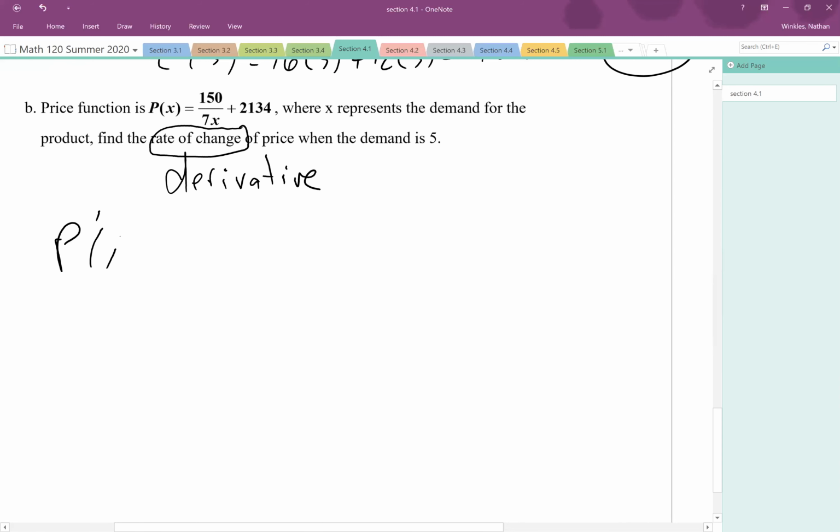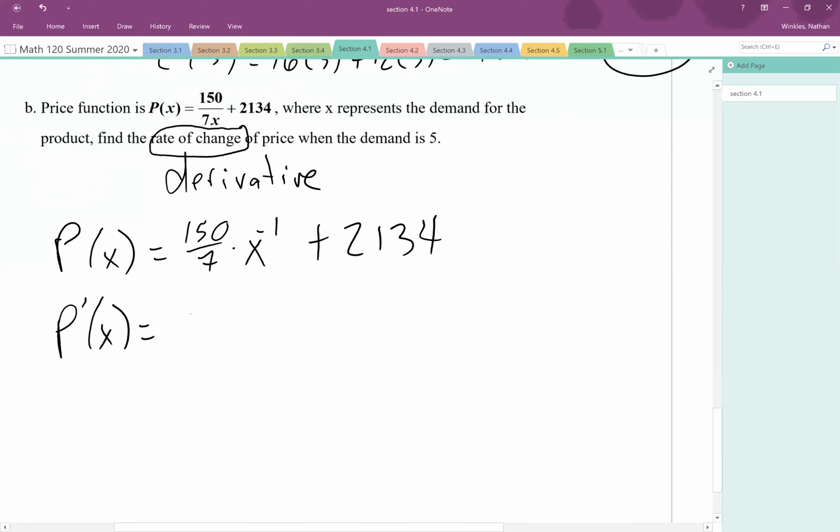So P prime of x is equal to, easiest way to write this, let me take off this prime real quick. P of x would be equal to 150 over 7 times x to the negative 1 plus 2134. So therefore, P prime of x would be negative 150 over 7 times x to the negative 2.